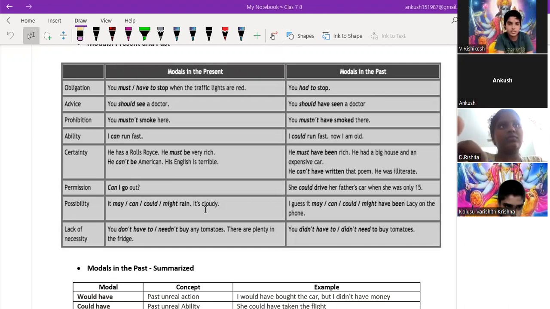Mustn't. Must not. But its abbreviation is mustn't. And in the past also they have used mustn't, must not, but sir, the difference is in the present tense they have used smoke, and in the past tense they have used smoked, sir.